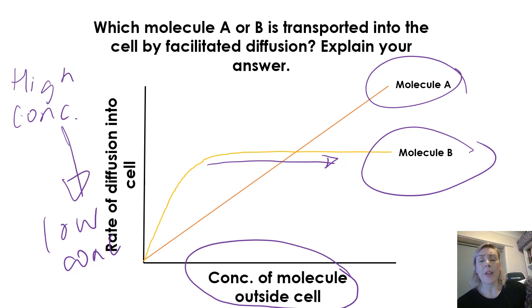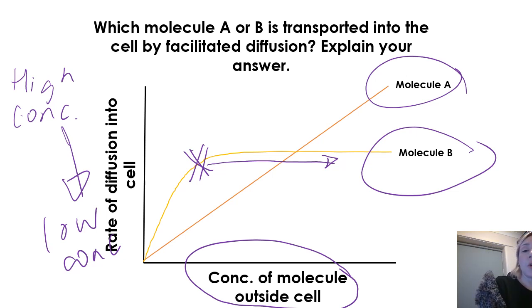Whereas at first, when you increase the concentration of the molecule outside the cell for B, you do get an increase in the diffusion rate into the cell. But you get to this point here and it plateaus. So it doesn't matter that there's a higher concentration of that molecule on the outside of the cell. It's not moving any faster through that membrane.